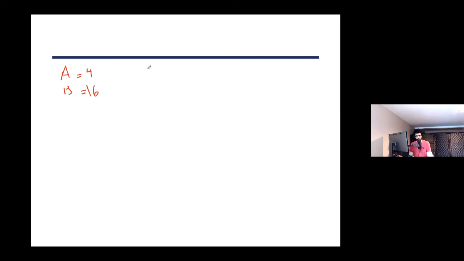Now, let's say the target latency is 20 milliseconds. So what is the time quantum for A? Time quantum for A is basically 4 times 20 divided by the sum of weights, which is 20. So that becomes 4.